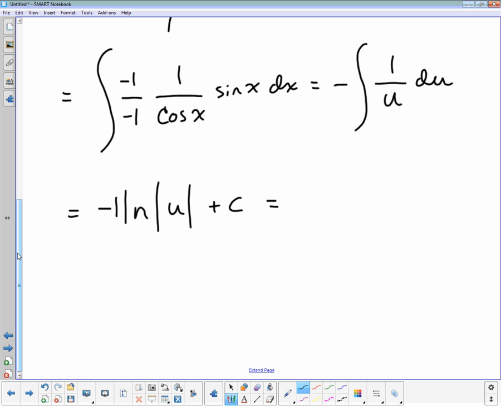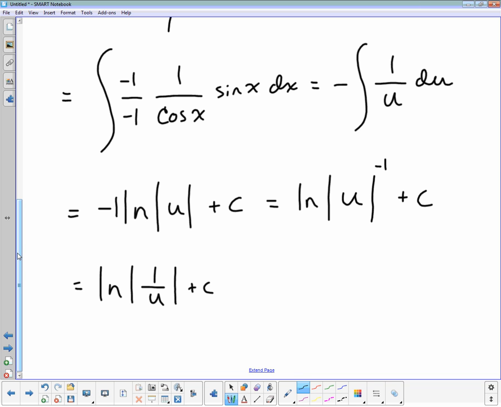Which, as far as a logarithm is concerned, becomes an exponent, right? And now I can do my substitutions.